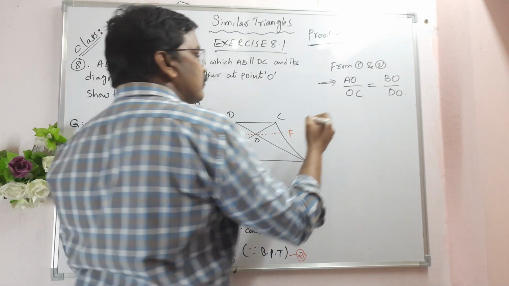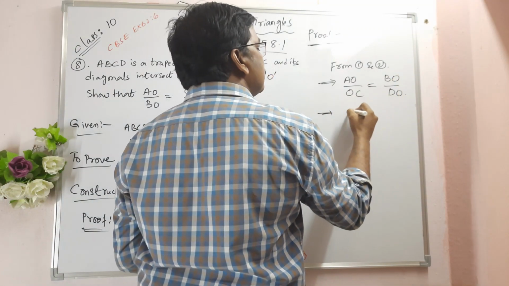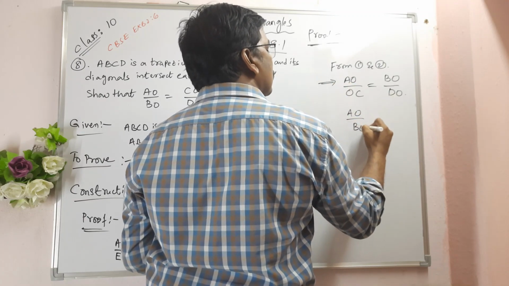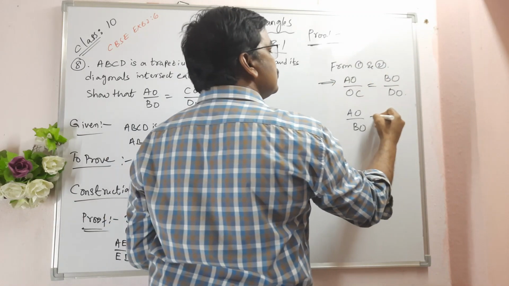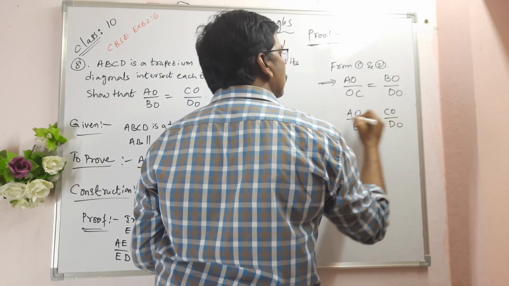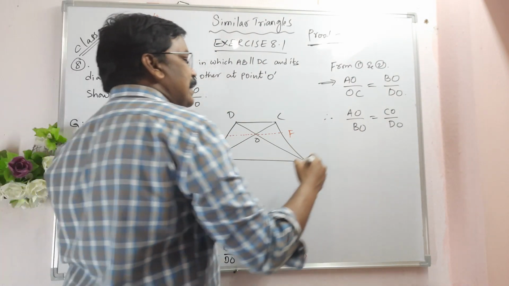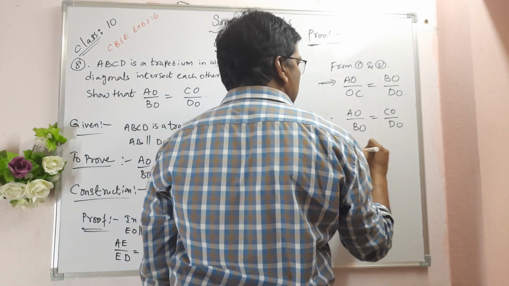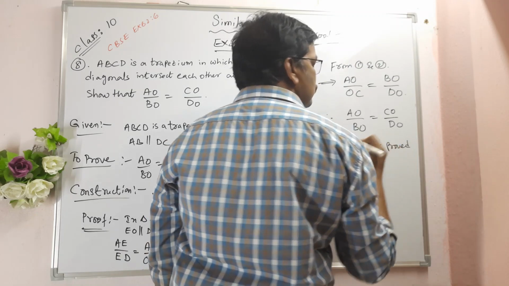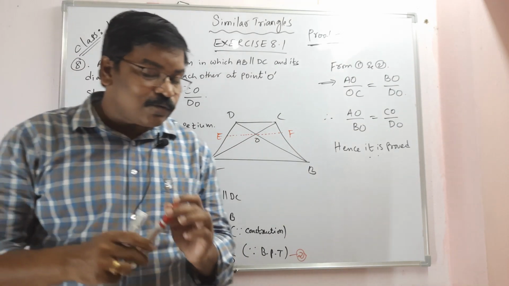Just rearrange, transposing: send this BO to this side, and send this CO to the other side. That means AO by BO is equal to CO, or OC, both are the same, by DO. Therefore, AO by BO is equal to CO by DO. Hence it is proved.